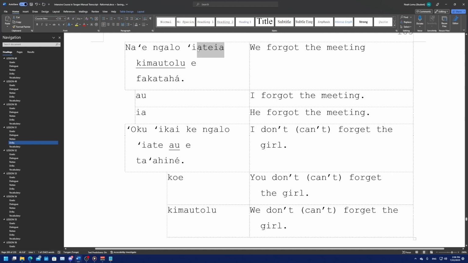How about ateia and then yateia and then iateia. Yeah, that was perfect. Yeah, iateia e whakataha. Yeah, there's no glottal stop in between any of those.